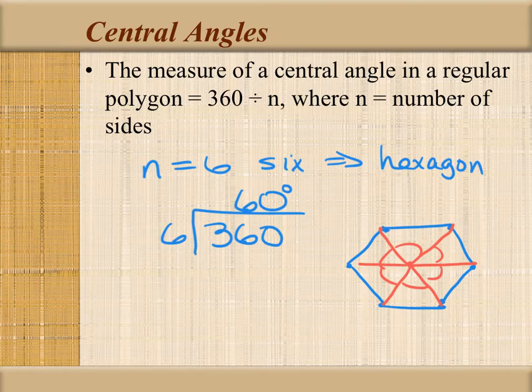Let me add a page here, and I'm going to review special right triangles with you. Let's review special right triangles, because when we have a triangle, a hexagon, or a square, we're going to be using our special right triangles.